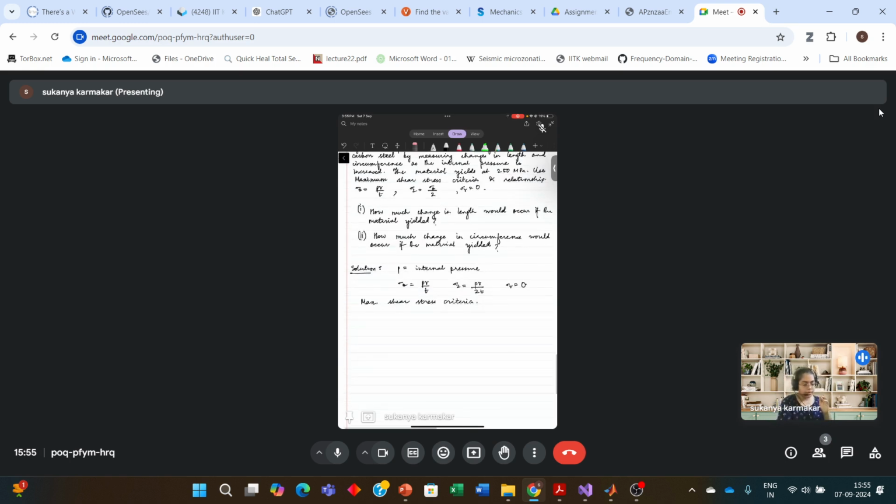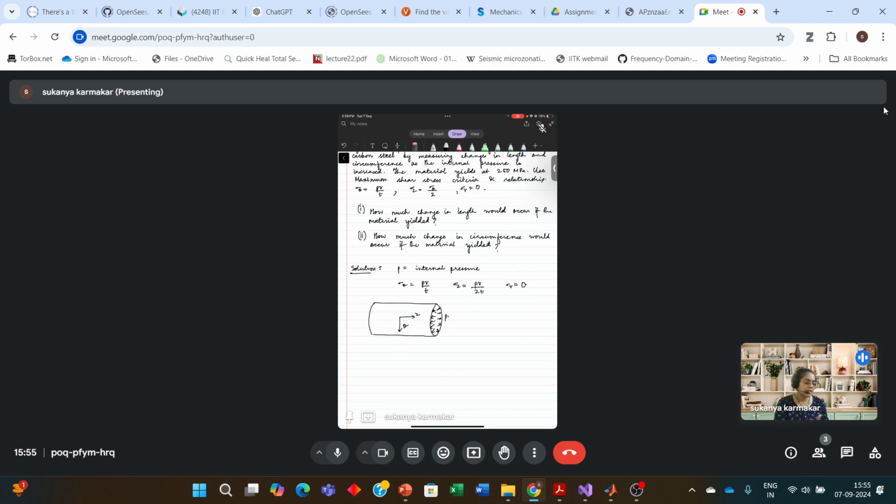Before this, I would like to show you the situation. Let's say this is the z axis, this is your theta axis, and there is a pressure P acting. Sigma theta and sigma z are the two stresses developed.